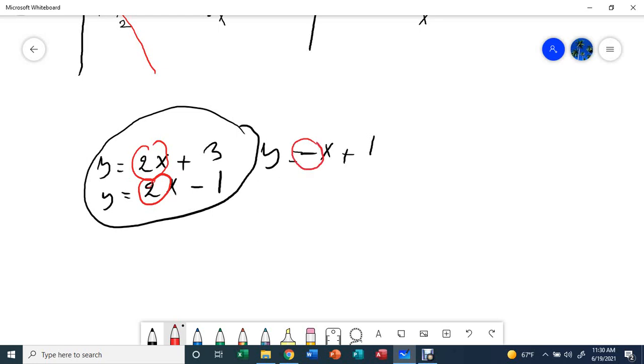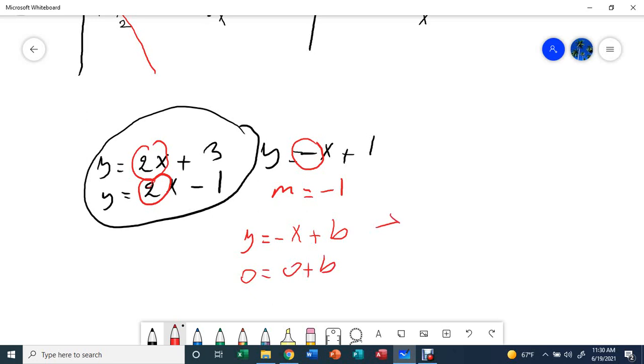So m equals negative 1. My line will be y equals negative x plus b, and we are told that the line passes through the origin, so y and x are 0, 0. So 0 equals 0 plus b, so b is 0.